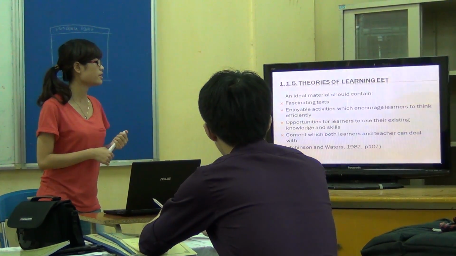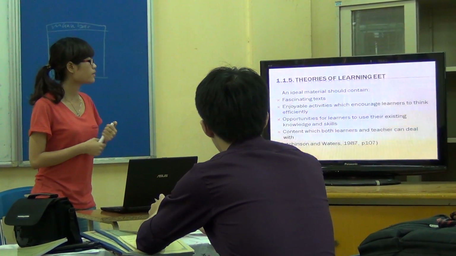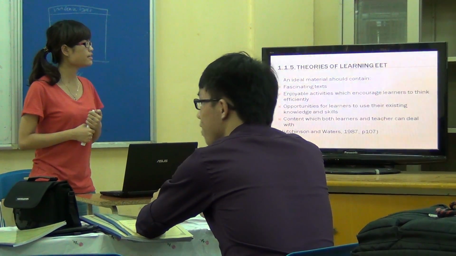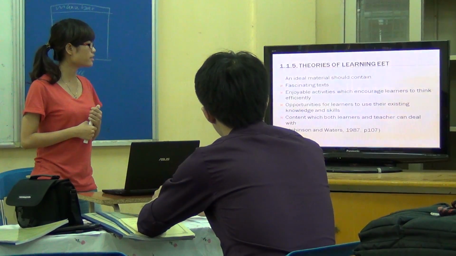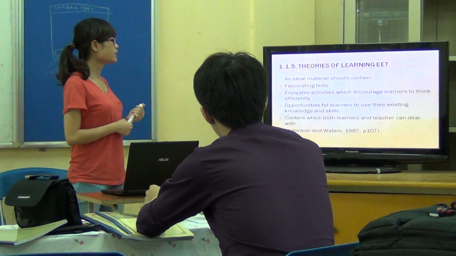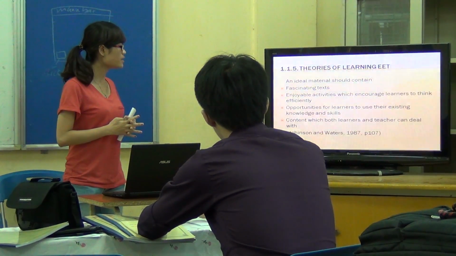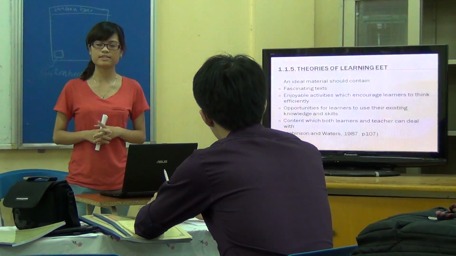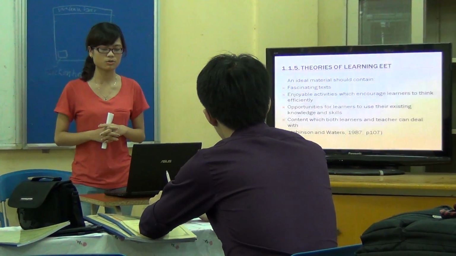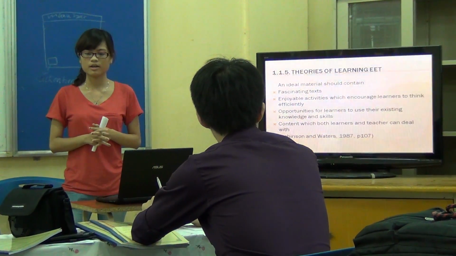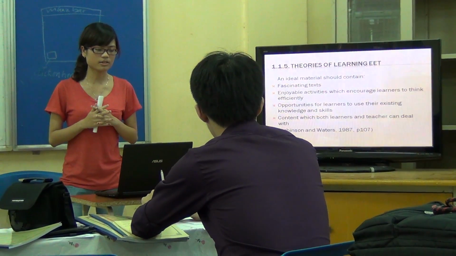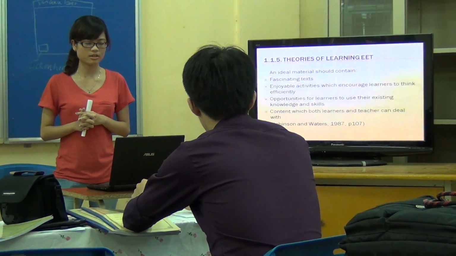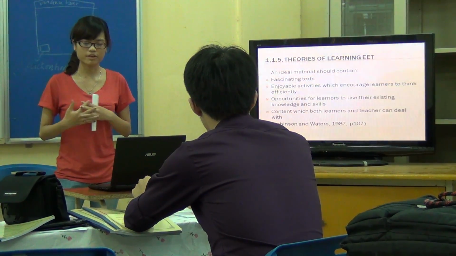According to Hutchinson and Waters, the theory of learning EET is very important. They would build an individual material with four parts. First is a fascinating text. The second is an enjoyable activity which encourages the student to think intensely, and the third is the opportunities for learners to use their existing knowledge and skill to make them more confident.